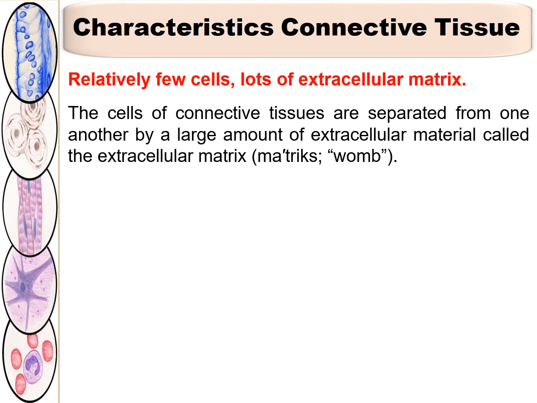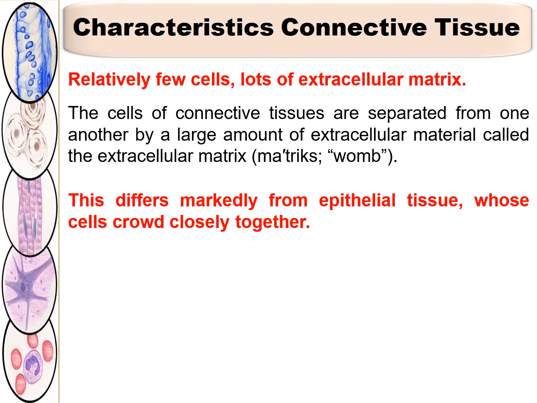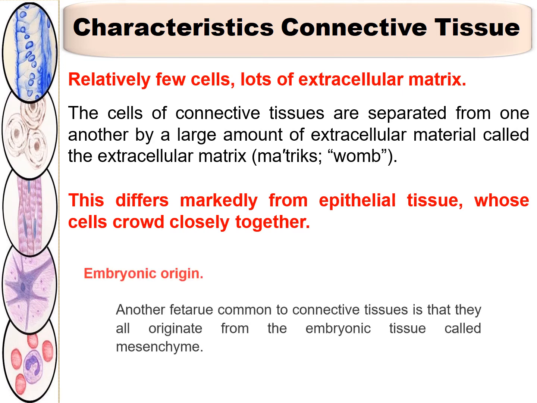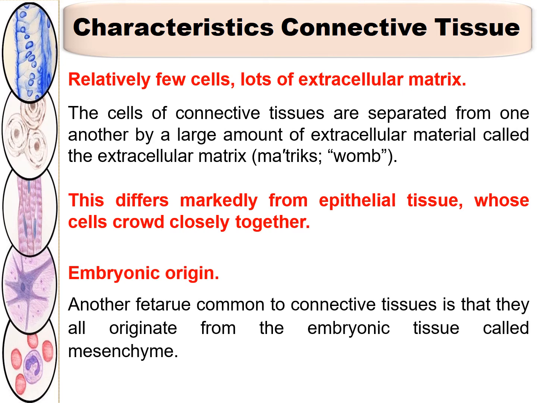Connective tissues differ markedly from epithelial tissues, whose cells crowd closely together. As we already discussed regarding the embryonic origin of connective tissue, they all originate from the embryonic tissue called the mesenchyme.